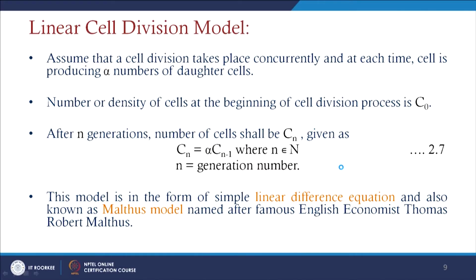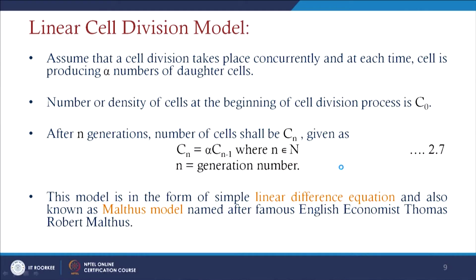Assume that cell division takes place concurrently, and at each time a cell produces alpha number of daughter cells. So first we have a big cell, then division takes place, and then we have a different cell size or different distribution of cells. The number or density of cells at the beginning of the cell division process is C_0.